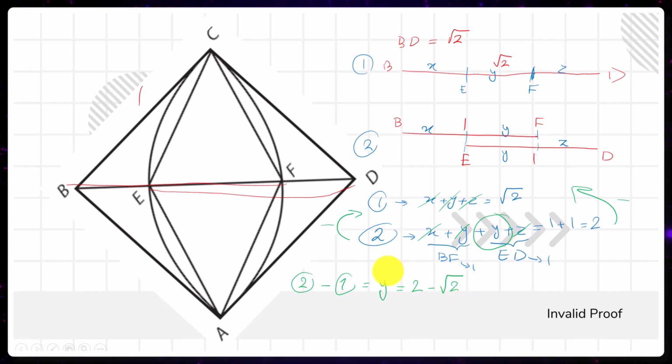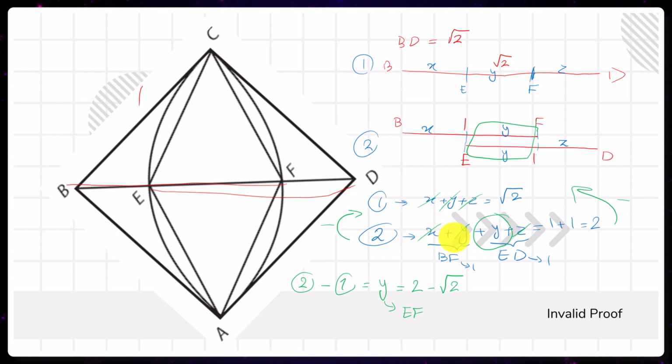Simple, right? But we're not finished yet. So y is basically EF. Y is EF. And we just calculated the other diagonal of this rhombus that we needed. And now we need to calculate the area.